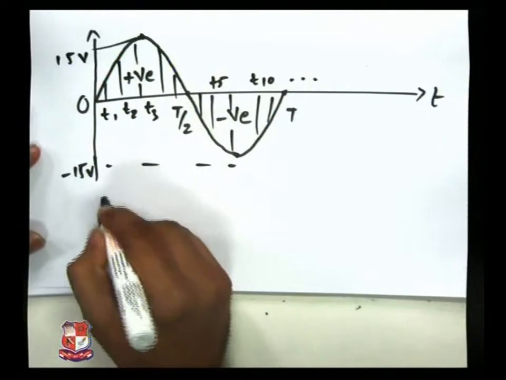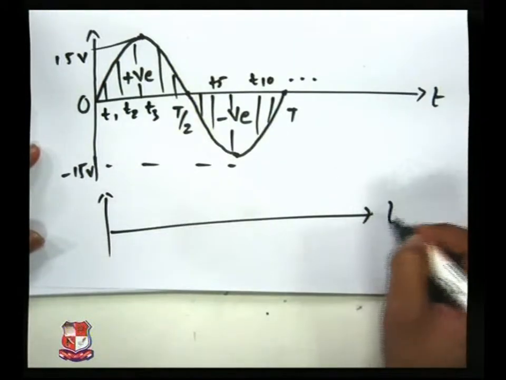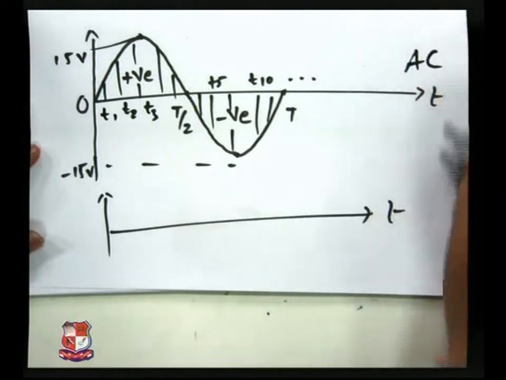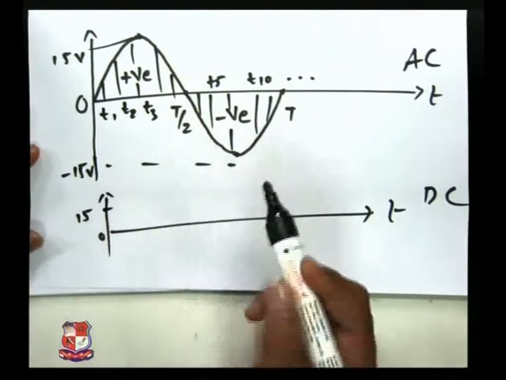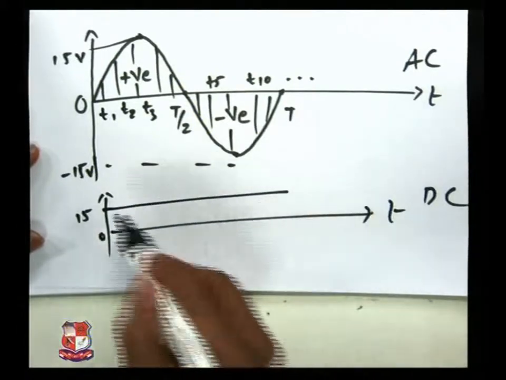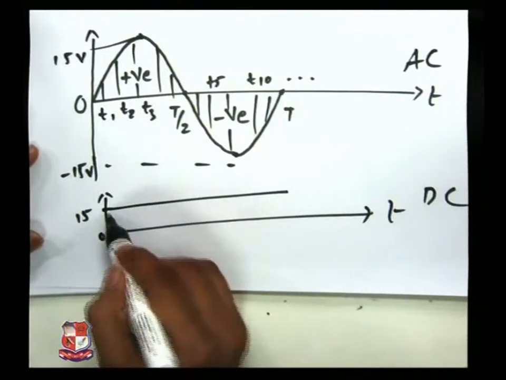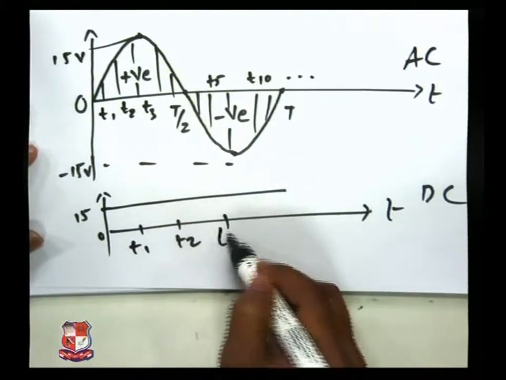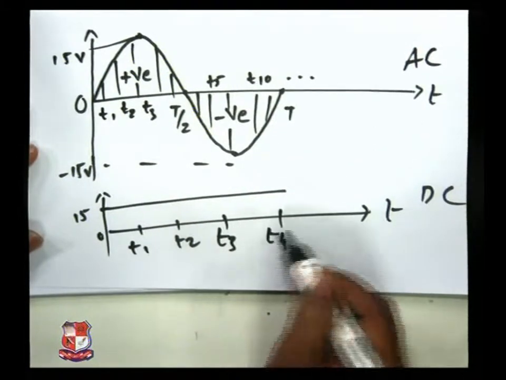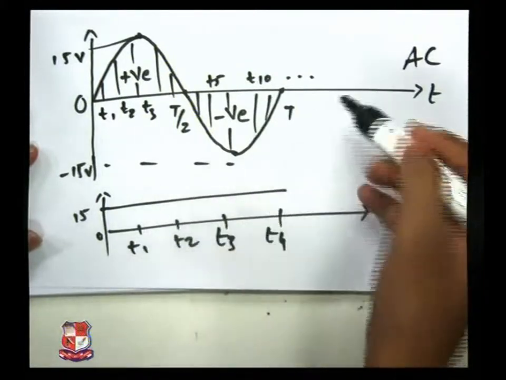But for DC it is very simple. For the value of DC, for example, take 15 volts. So this is a straight line, and at any instant you can directly find out the value of DC.